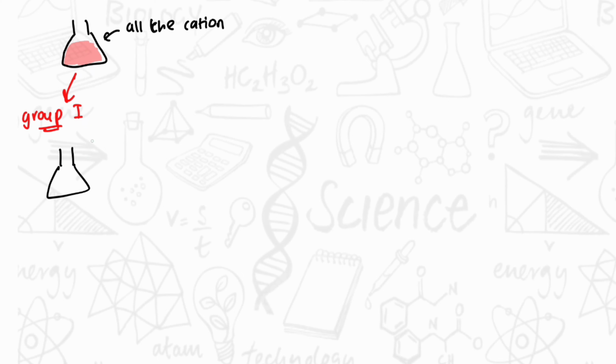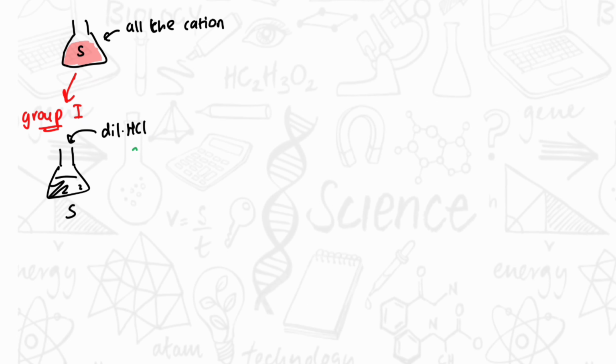Let's say we have a sample containing all the cations for the cation analysis. And then we have the group 1 cations. For this, let's say the sample is S, and we add diluted hydrochloric acid.